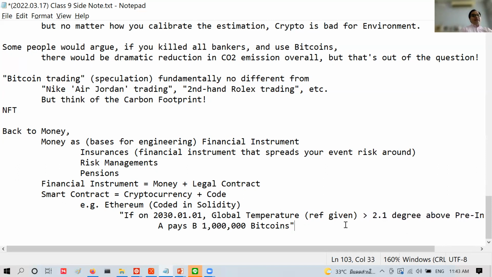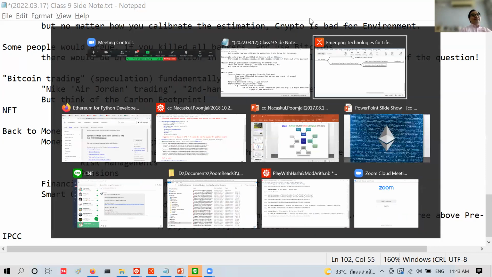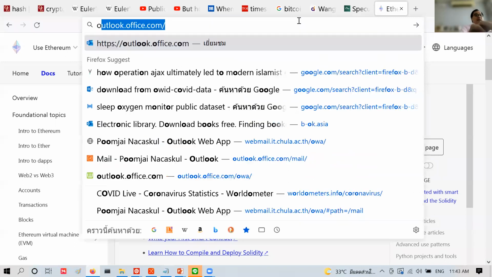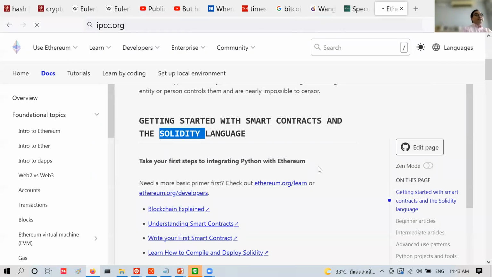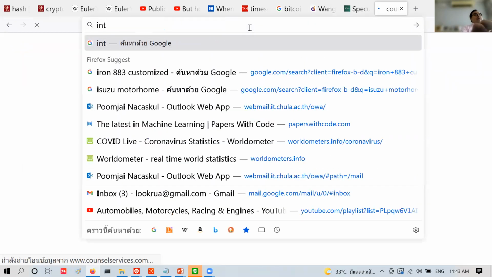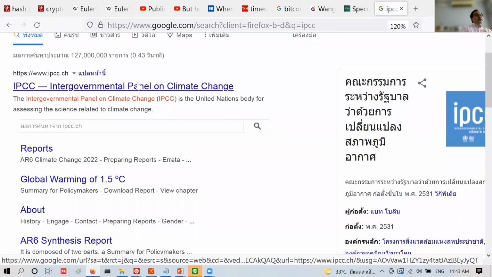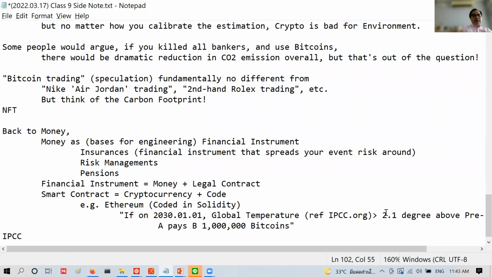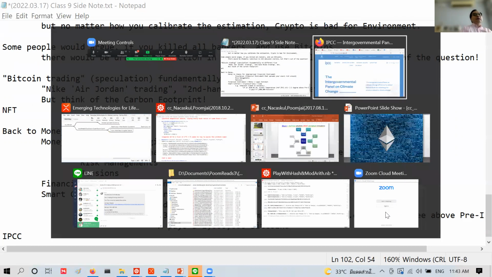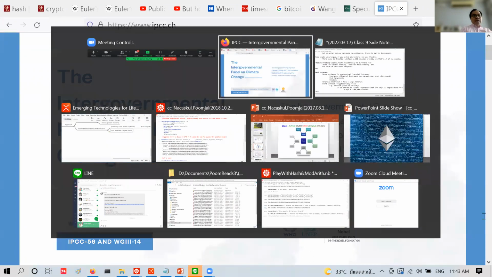Maybe there's a website like the IPCC, the Intergovernmental Panel on Climate Change, reference IPCC.ch.